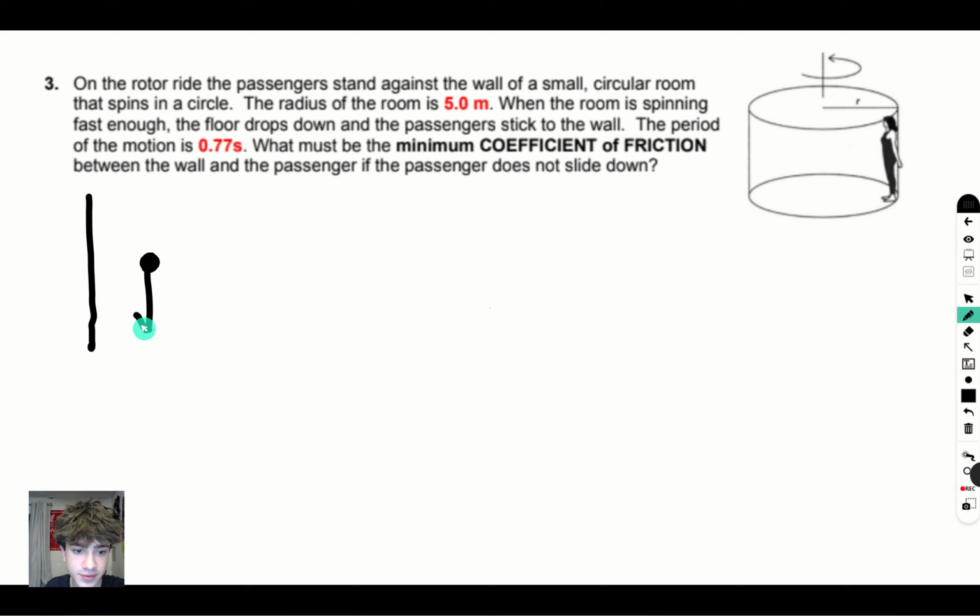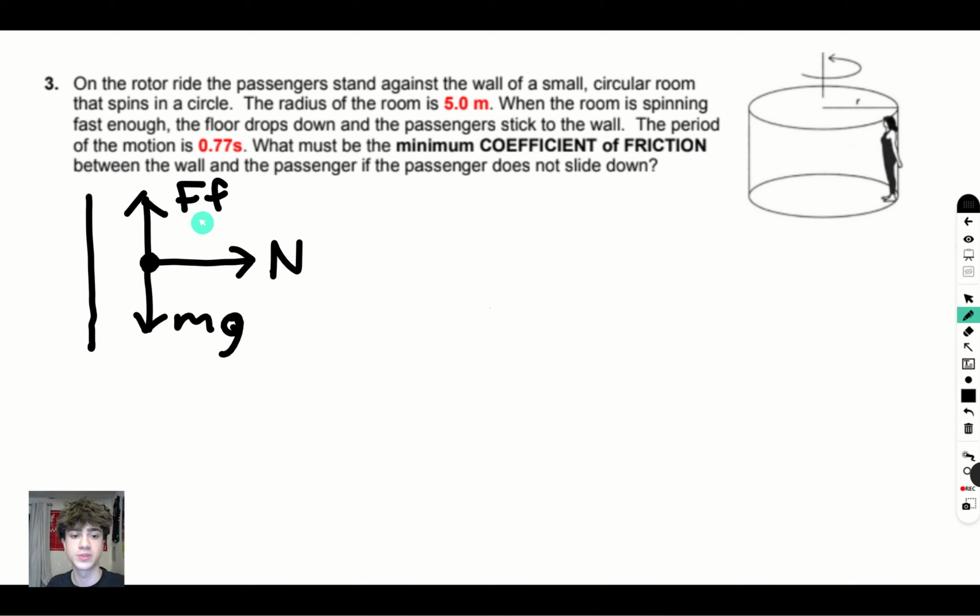We know we have the gravitational force mg going downwards. We know that there's going to be a normal force exerted on the person by the wall. And we know that there's going to be a frictional force which is keeping the person from sliding down the wall.